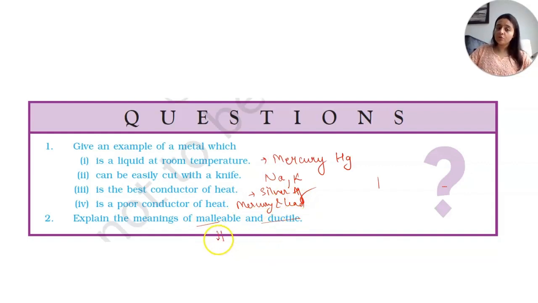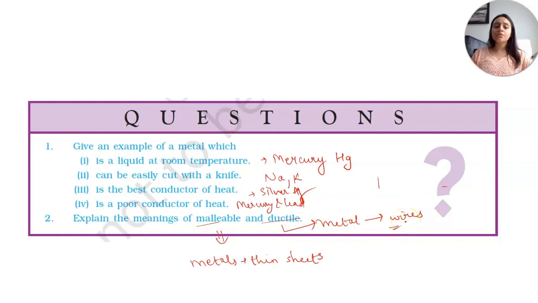So I have already told you, malleable means when you can turn the metals into thin sheets. And what is ductile? When you can change the metal and form wires with it. So this was the first topic we have completed from this chapter, that is the physical and chemical properties of metals.